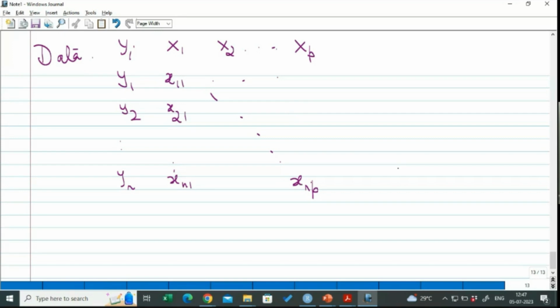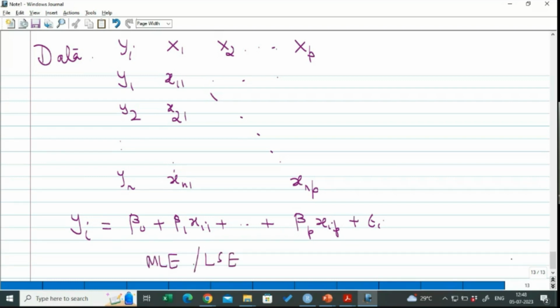And then you have fitted; we assumed a linear relationship among them. So y_i = beta 0 + beta 1 x_i1 + ... + beta p x_ip + epsilon_i. This is a relationship you have assumed, then you have obtained either the MLE or the least squares estimate.